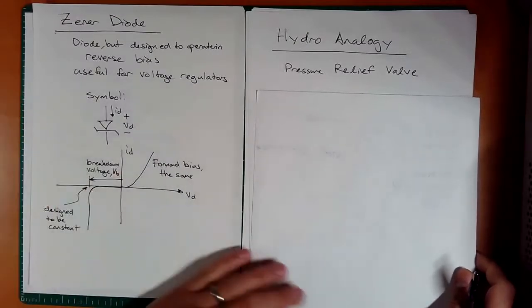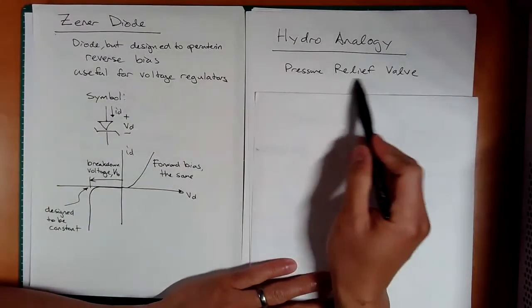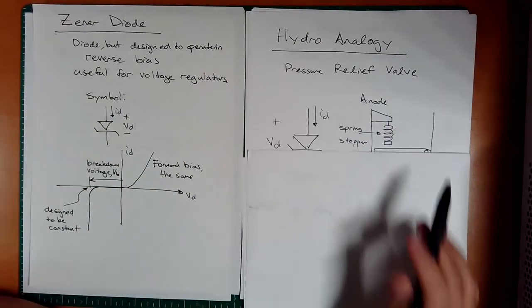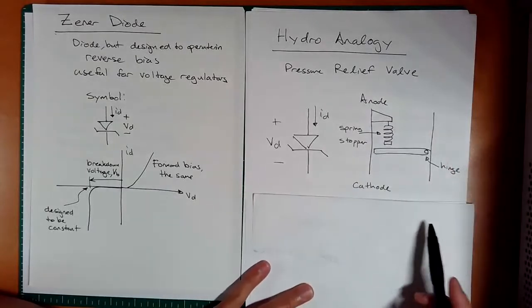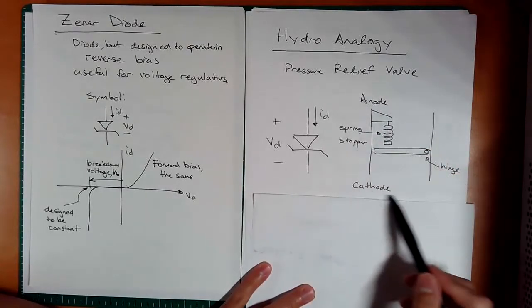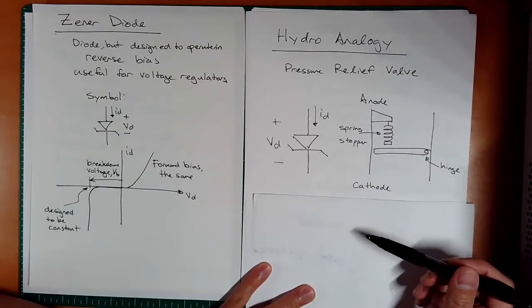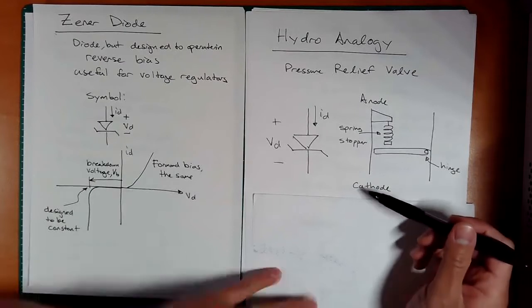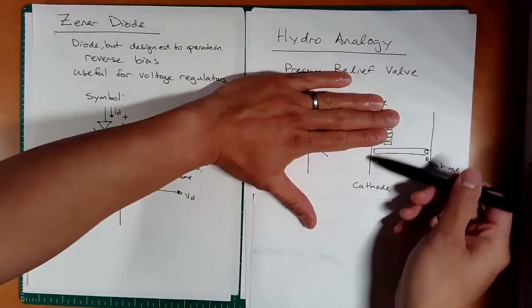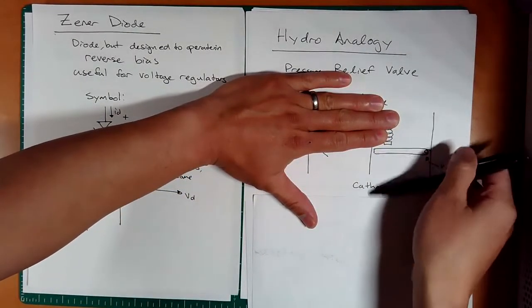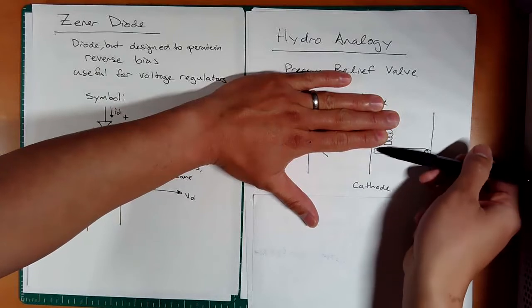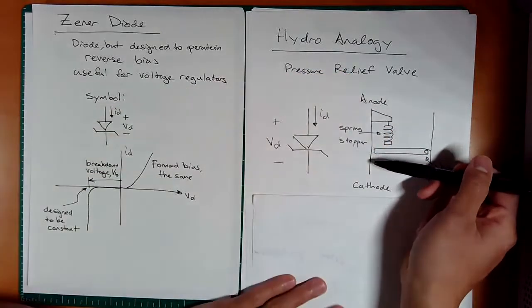What I want you to think of is a pressure relief valve. Here we have a simple drawing. If you recall from the previous lecture, the diode is basically a check valve. It'll allow current to flow in one direction, but then it's blocked.